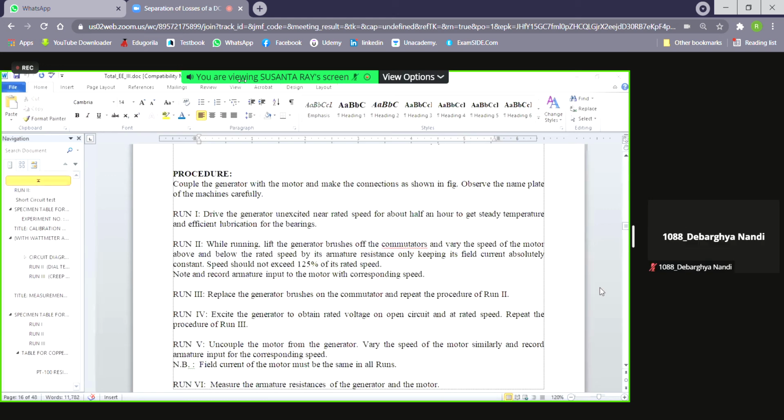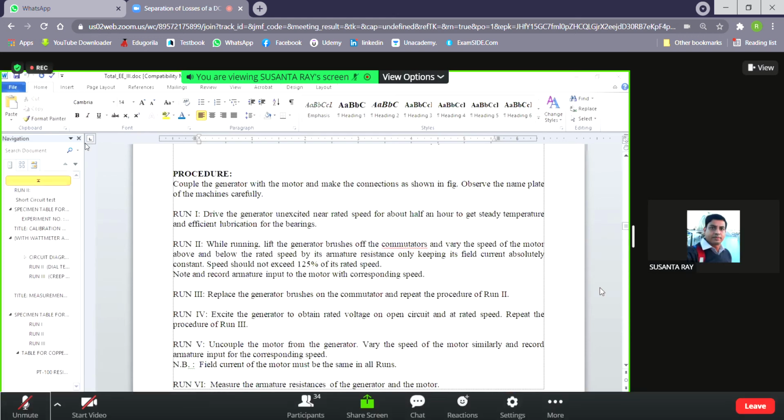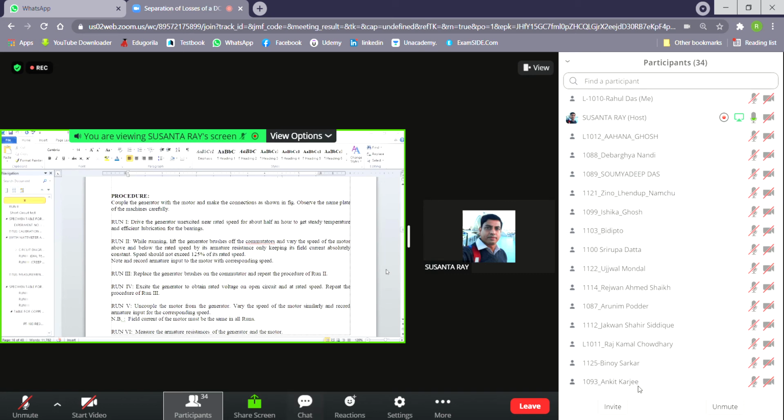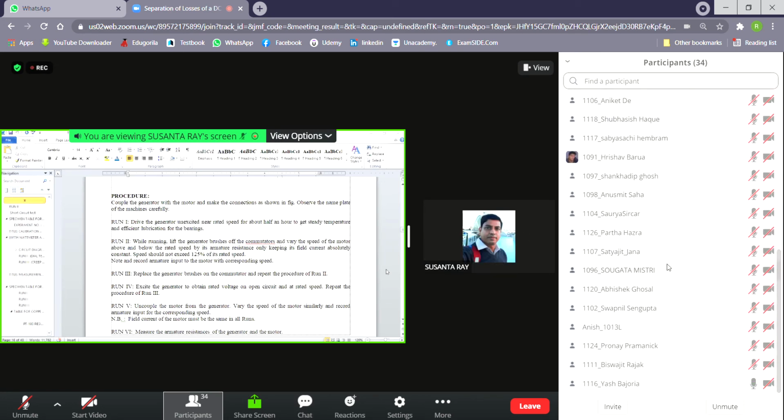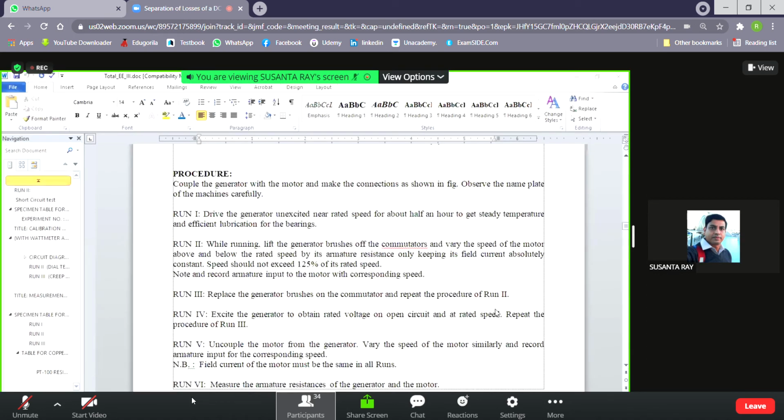Yash Bajoria. Yes, sir. The voltage which we will get across the generator armature terminal, what is the expression of that?